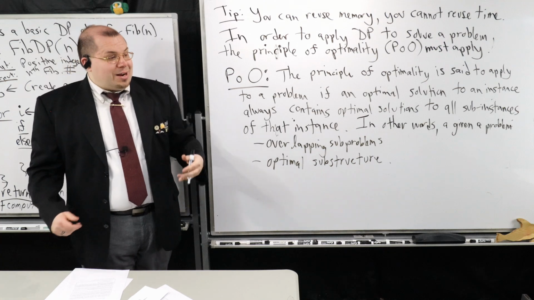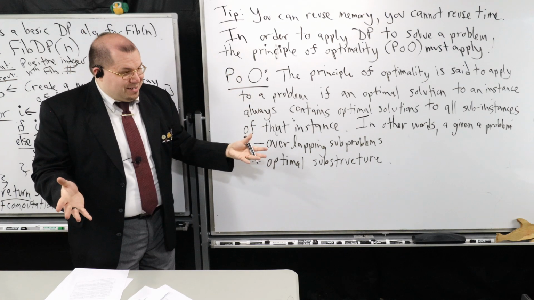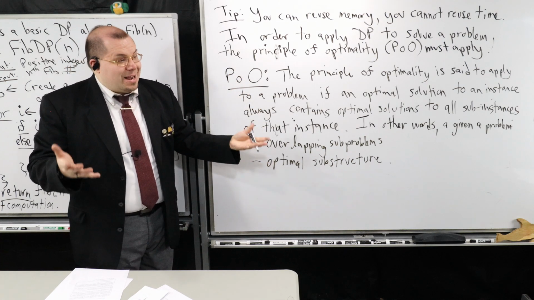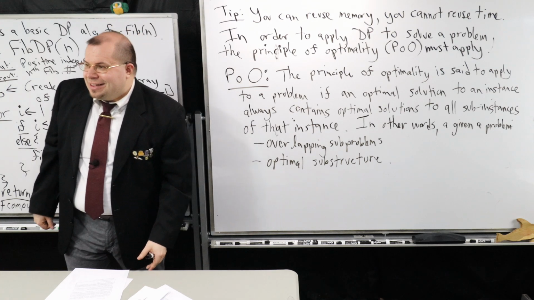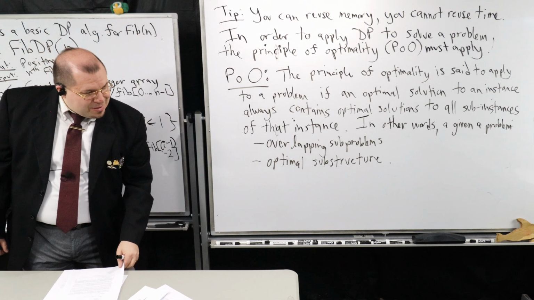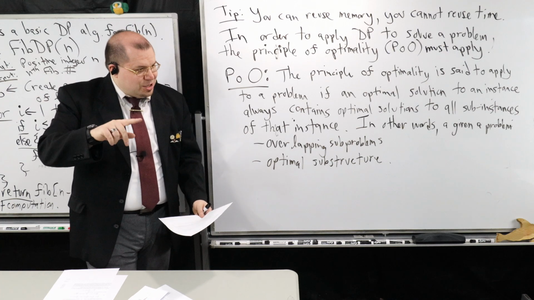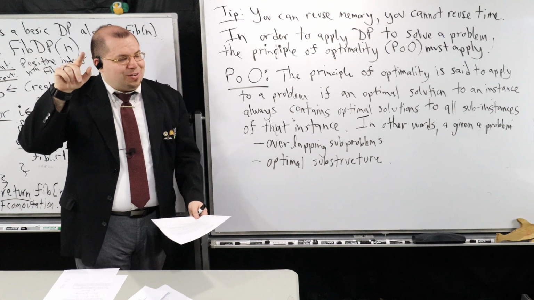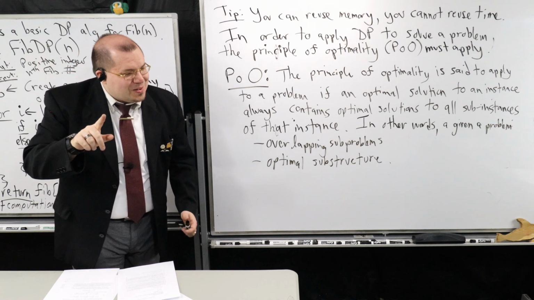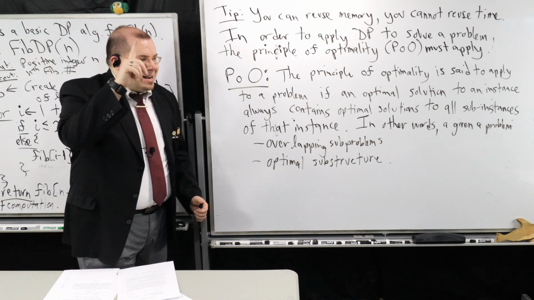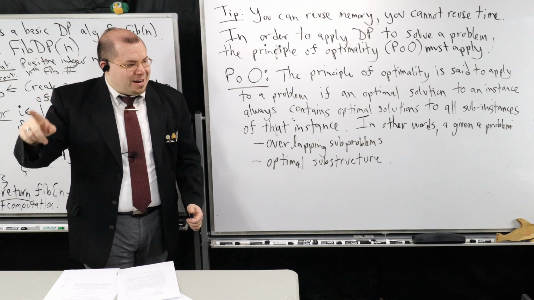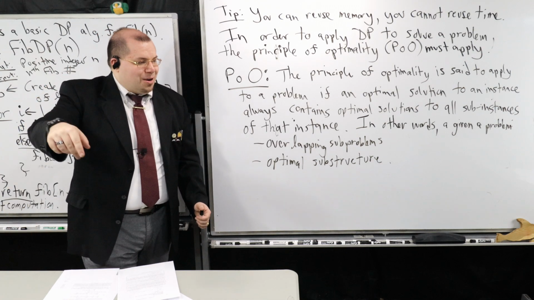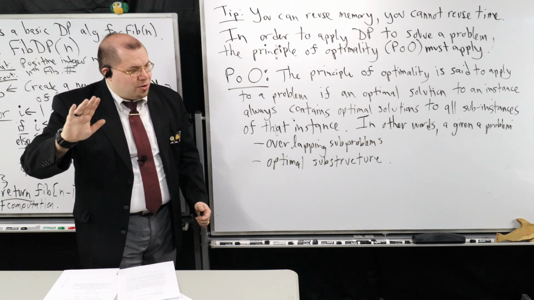So believe it or not, you can represent Dijkstra's algorithm as a dynamic programming algorithm. But I must stress that some of these different techniques overlap with each other based on the properties of the problem. Just to be very clear, just because you can design a greedy algorithm for one problem doesn't mean there exists a dynamic programming algorithm, and likewise, there might not be a divide and conquer algorithm.